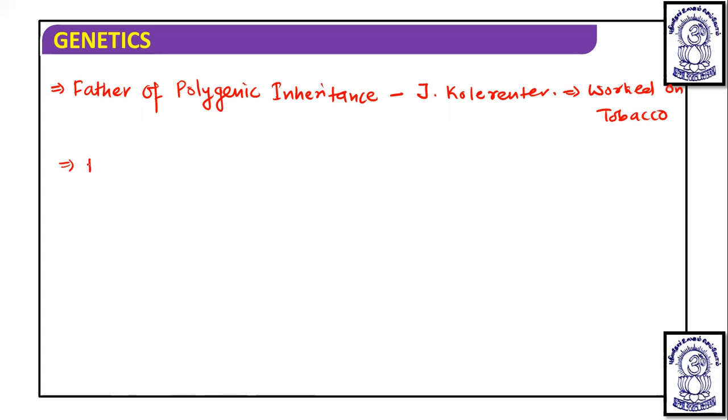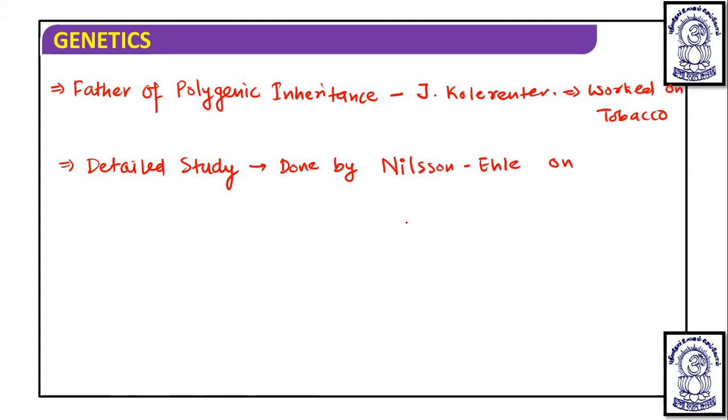But the detailed study of polygenic inheritance was carried out by Nilsson-Ehle on wheat and tobacco plants, on kernel color of wheat and corolla length of tobacco plant.